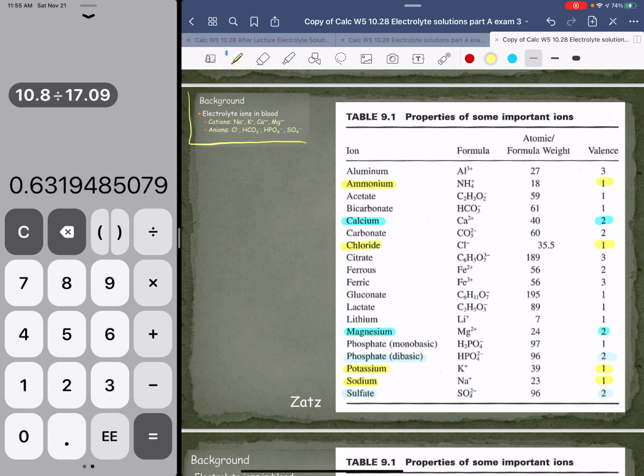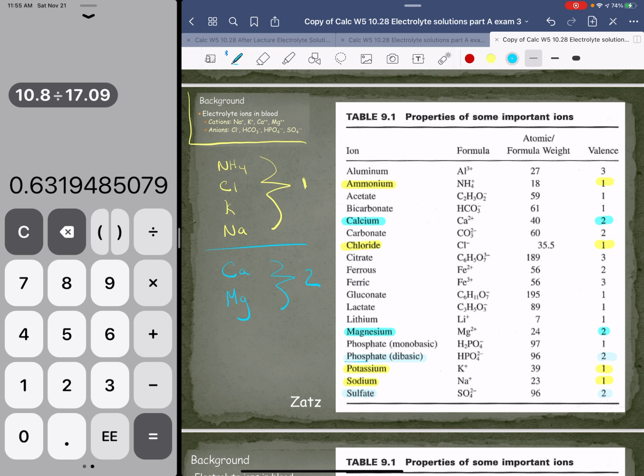So anyhow, we need to know ammonium and chloride and potassium and sodium. We need to know those all have a valence of 1. And then we need to know that calcium and magnesium have a valence of 2.